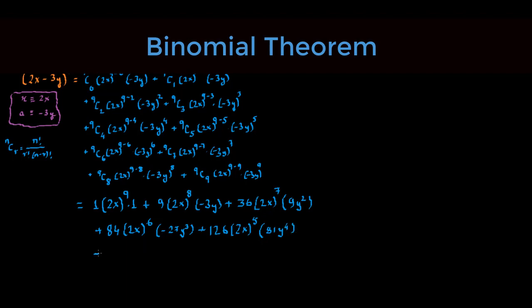Okay, the next one is 9C5. So 9C5 is 126. So the coefficient is 126, (2x) raised to the power of 4. So now this is a very big number, negative 3y. So what is negative 3 raised to the power 5?